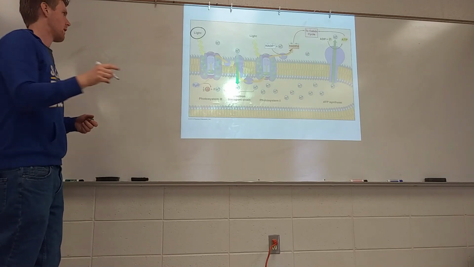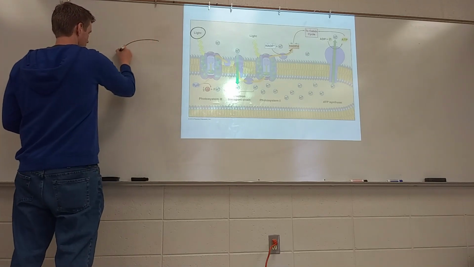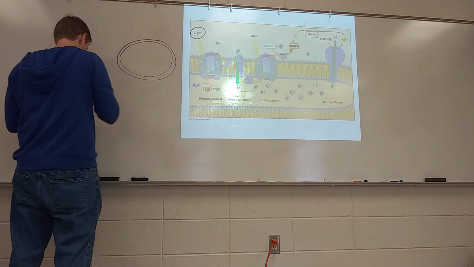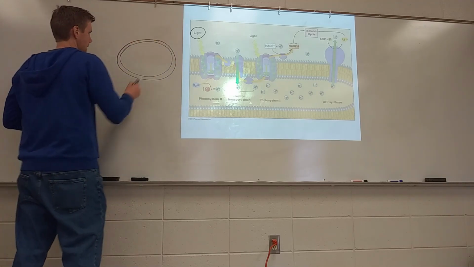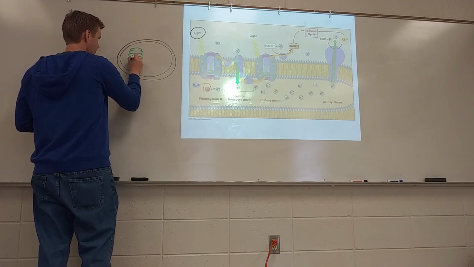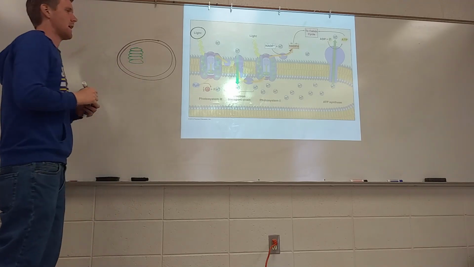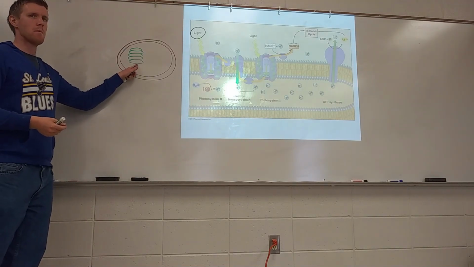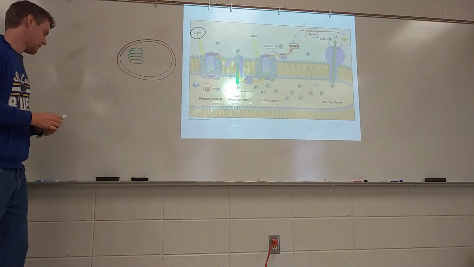Let's talk about where we're actually looking at in the plant here. Here's a chloroplast, right? There's our double membrane. Here is a thylakoid. Remember, it's a stack of hollow coins built from thylakoid membrane surrounding open space.